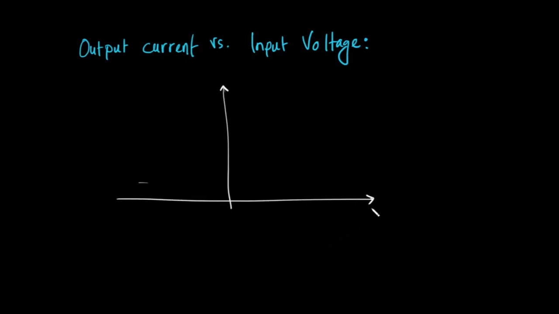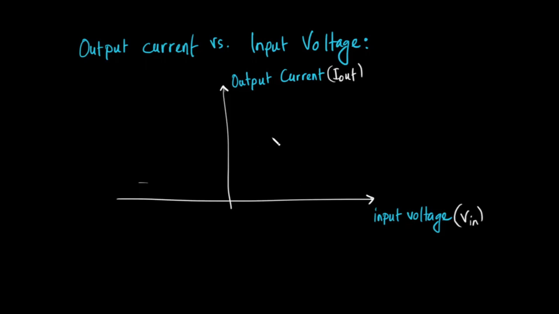So this is my voltage axis, this is my input voltage, and this is my output current. I can write that as I out and this as V in.